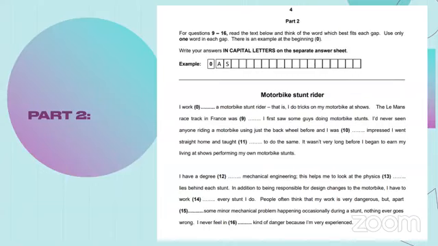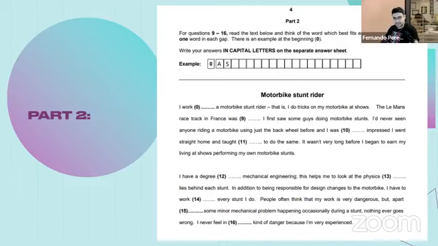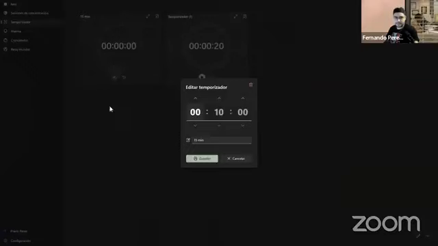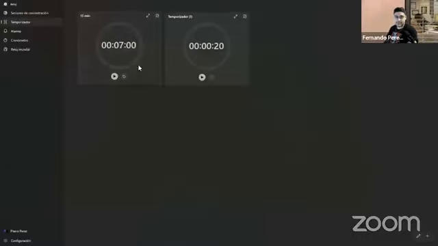Let's go. For this exercise, you shouldn't take more than, let's give you 7 minutes, because the next exercises are longer and you should be quick on this one. You have 7 minutes to finish this.